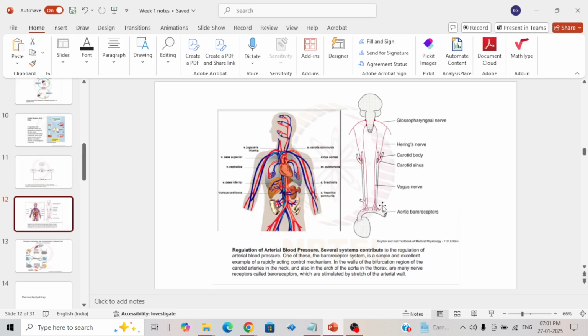These are baroreceptors. If there is any change in pressure, these nerve endings will detect that change and generate a nerve signal, which will travel through the axon, a part of the nerve cell, in the form of an action potential.